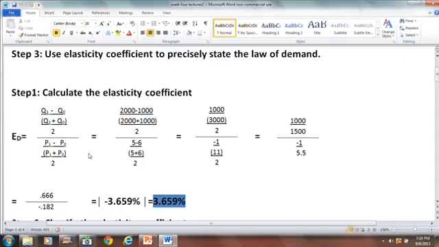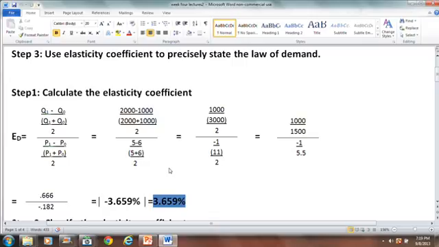This formula is called the midpoint method for calculating price elasticity of demand. So in place of Q1 I substituted 2,000, in place of Q0 I substituted 1,000, in place of price 1 I substituted $5, and in place of price 0 I substituted $6.